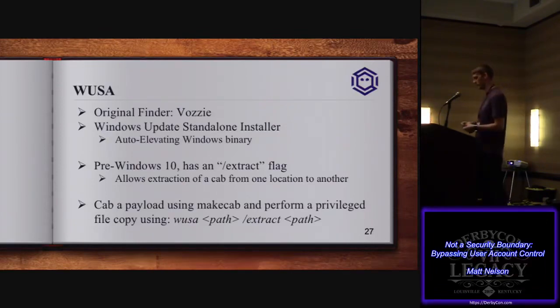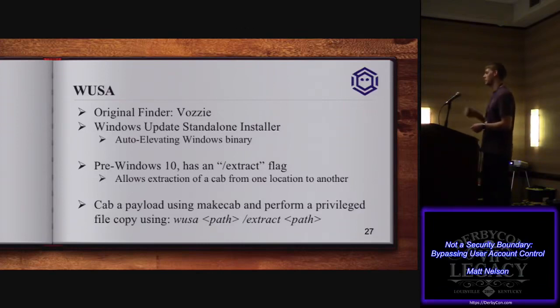Typically it's used for extraction and installation of update files. This is also an auto-elevating binary. In its manifest it says that it is permitted to auto-elevate without the user's approval, given that it's sitting in a system protected path, so System32 or wherever it may reside.